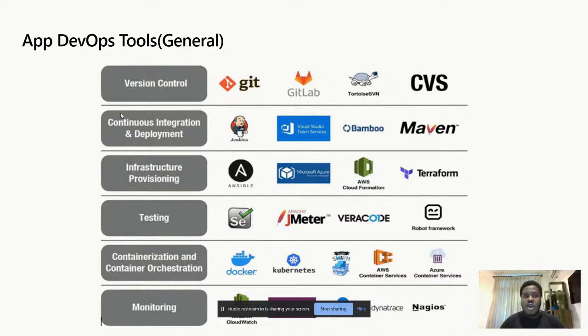So all these tools come together and play various parts in ensuring that you can create an application, manage an application, deploy an application, monitor an application, and then improve on the application, which brings out the beauty of DevOps, whereby it's a continued process.